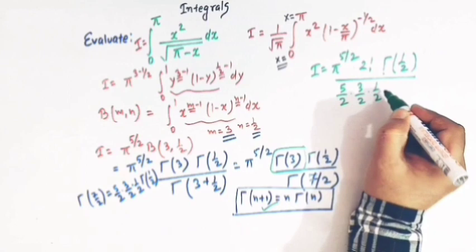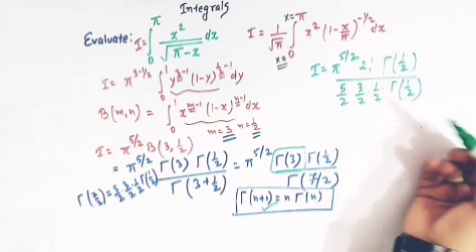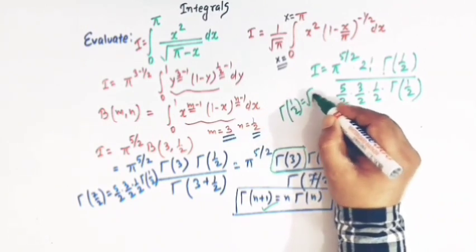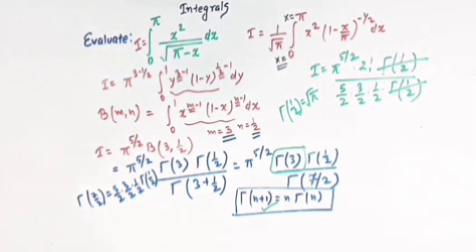Here we have half, then we have gamma of half, right? So we know that gamma of half is equal to square root of pi, right? So these two terms get cancelled.